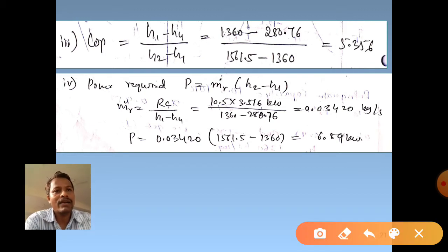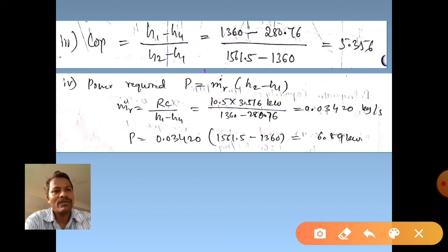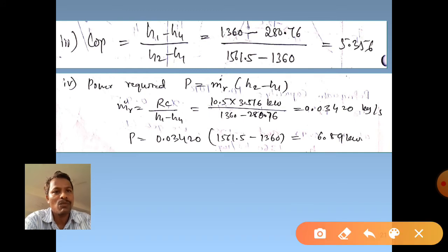Then the power required to drive the compressor is P equal to mass flow rate of refrigerant into H2 minus H1. We need the mass flow rate of refrigerant, which is always calculated by the refrigeration capacity, or total refrigeration effect, divided by the refrigeration effect per kg, that is H1 minus H4.